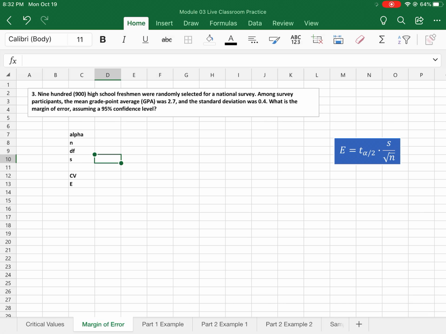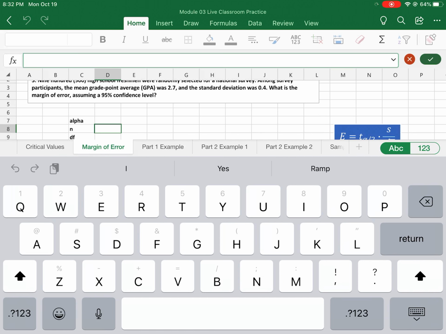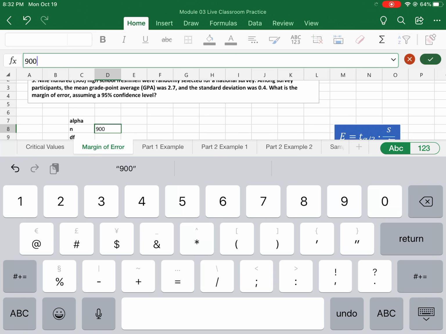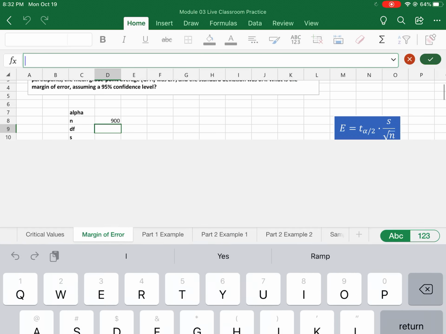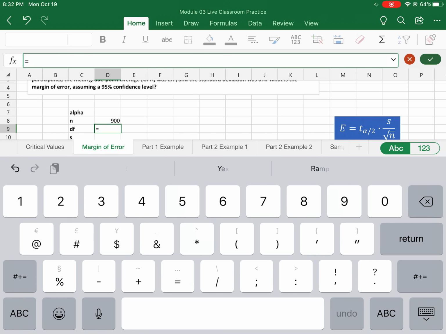Okay, so we're going to go ahead and fill in the things that we know. So we'll start here, n. Again, that is my sample. So we have 900 students. Next thing I'm going to do is find that degree of freedom because I'm just subtracting 1. So equals 900 minus 1. Oops, sorry.